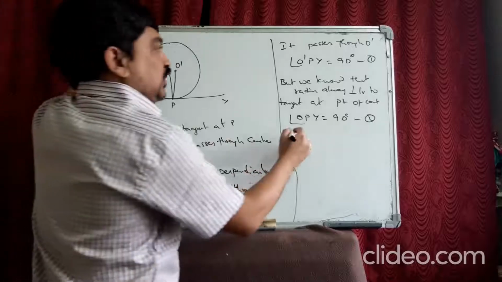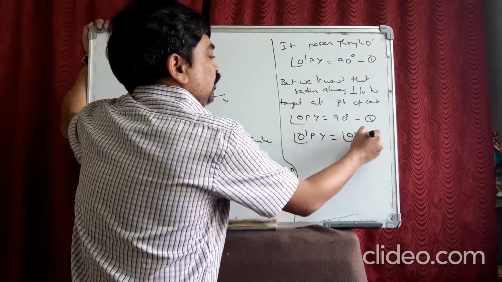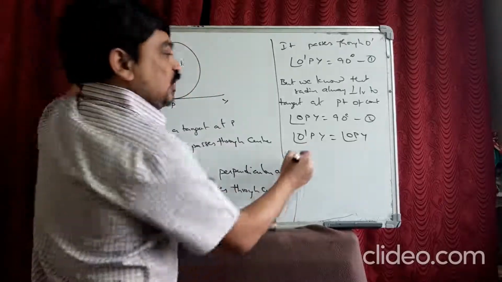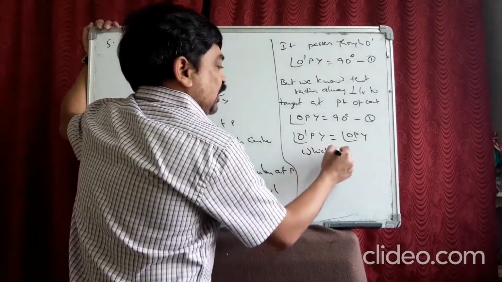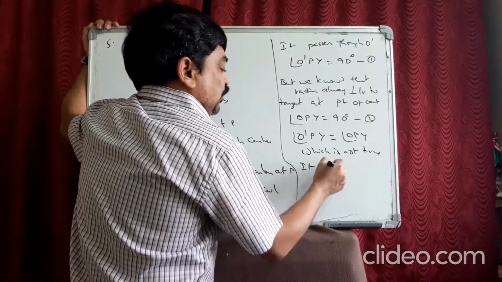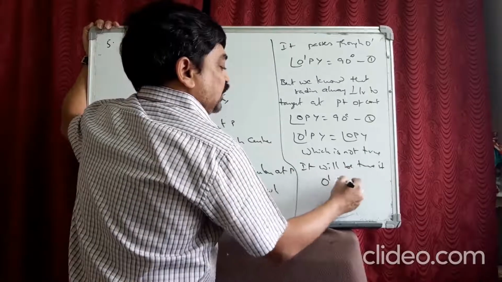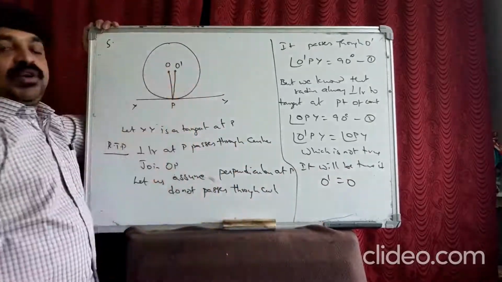Both are 90. So if I equate both, O dash PY is equal to OPY, which is not true. But it will be true if O dash is equal to O. That means there should not be two different points.